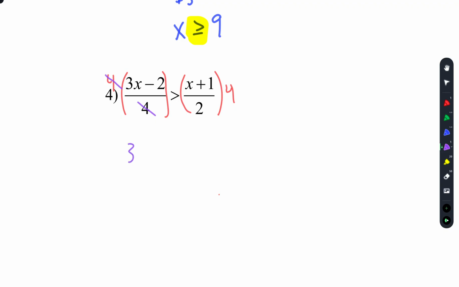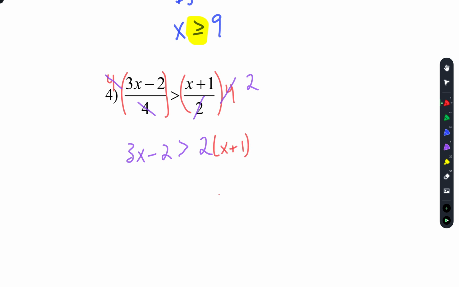So you're just left with 3x minus 2. You don't even have to multiply or divide anything. It just crosses out the 4. That was the whole point. But then this guy, because it's just a 2, not a 4, remember that 4 divided by 2 is 2. So you're going to have 2 times this x plus 1.